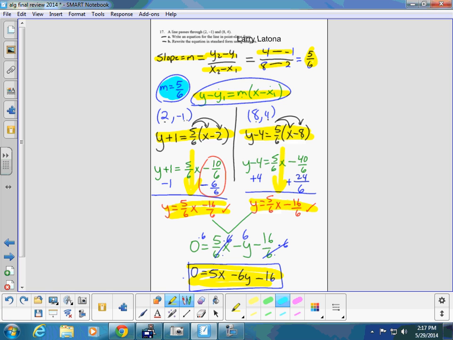Plugging in these values for your x and y is very doable to get this answer, and the same here. Again, it's minus x and minus y. That's why the sign changes in these. And then just crossing the line, changing the sign, and doing the math here to get these two answers, which result in this final standard form answer.